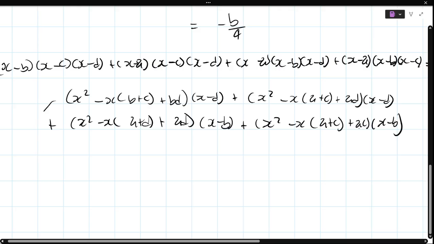So from this line, the coefficient of x squared, we already know x cubed, is going to be from this line here.